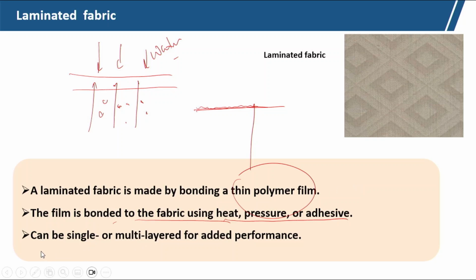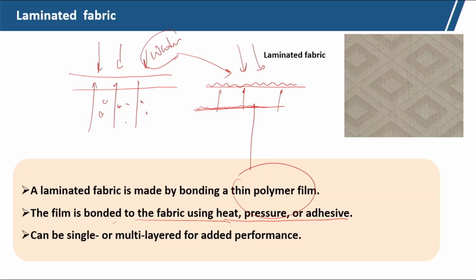It can be single or multi-layered for added performance. For example, we take a woven fabric and use lamination to get breathability and at the same time enhance the waterproof performance.